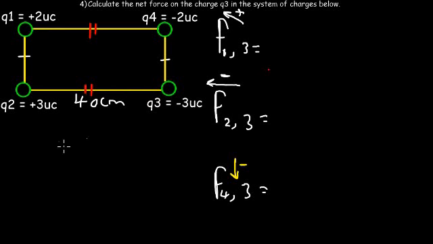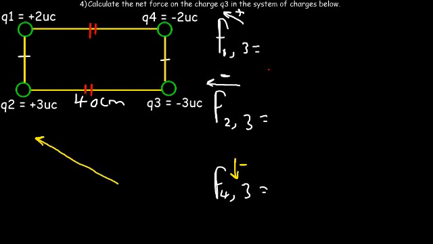Now let's draw the vector diagram and see how to figure out the net force. Okay. So first, I would like to draw F sub 1, 3. So that one is directed towards this side. Okay. So I'm having a vector this way. So what about F sub 2, 3? That one is directed toward the negative x-axis this way.